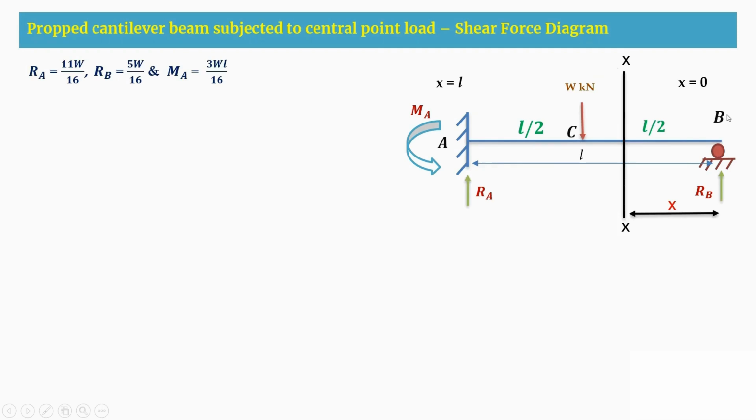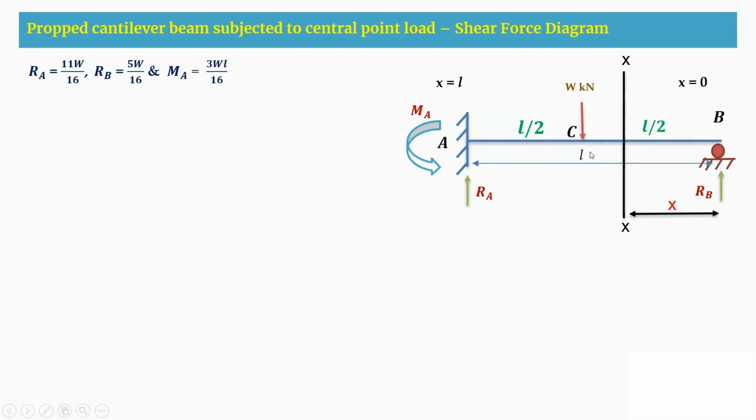At this B support, X is equal to 0, because B is considered as the origin. And at A, X is equal to L.